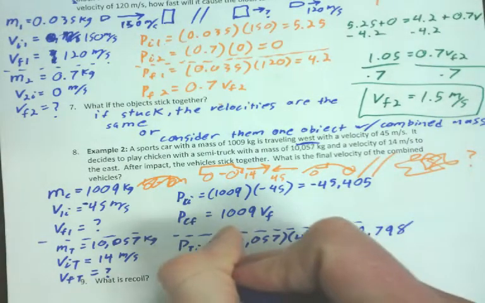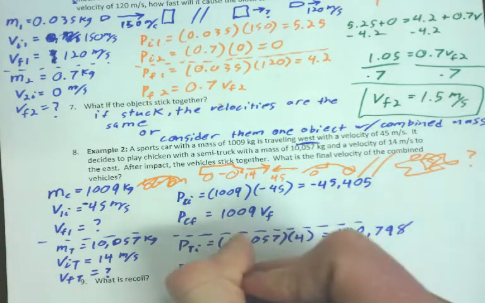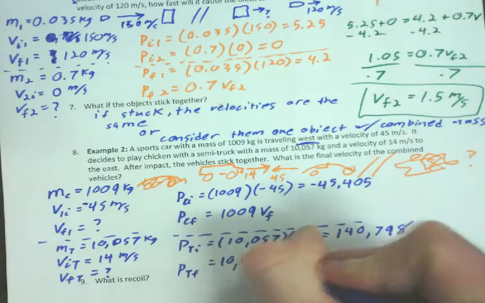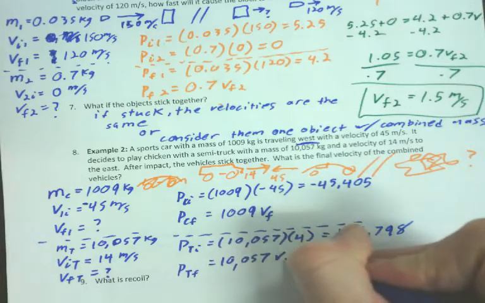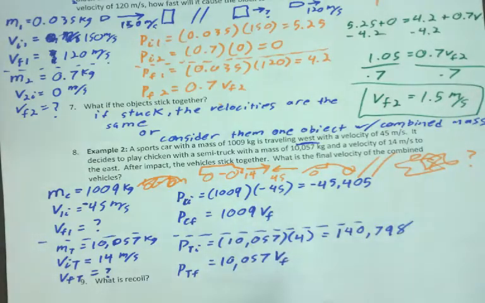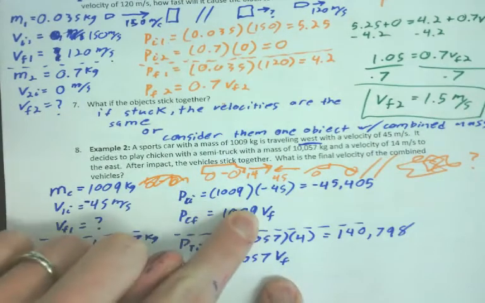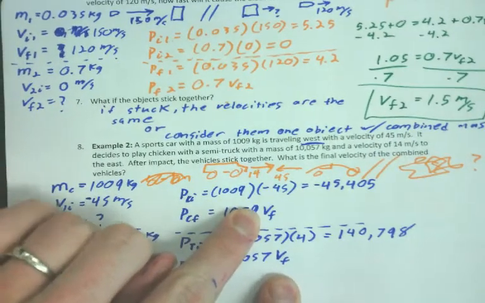And the final momentum for the truck is also unknown, 10,057 VF. Now, remember, they have the same velocities if they stick together. That's why both of these are VF.